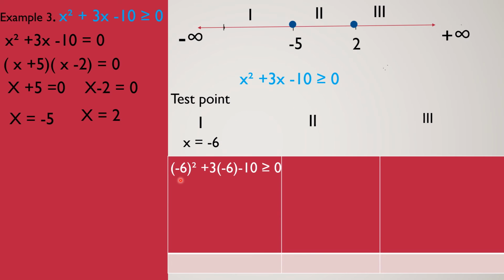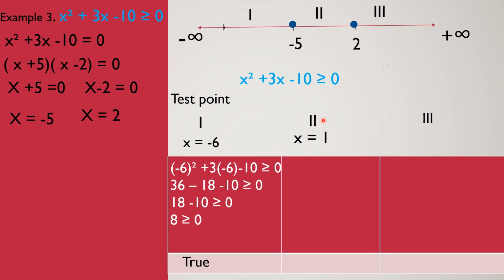So negative 6 squared plus 3 times negative 6 minus 10 is greater than or equal to 0. So this is 36 minus 18 minus 10 greater than or equal to 0. 18 minus 10 is 8, which is greater than or equal to 0, which is true. Which means that region is part of the solution set.